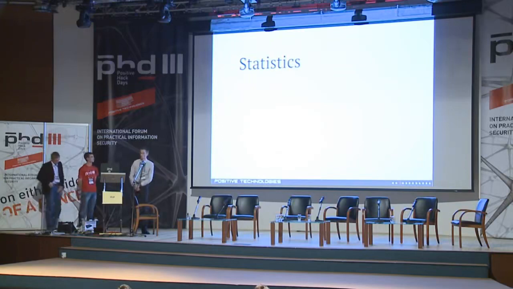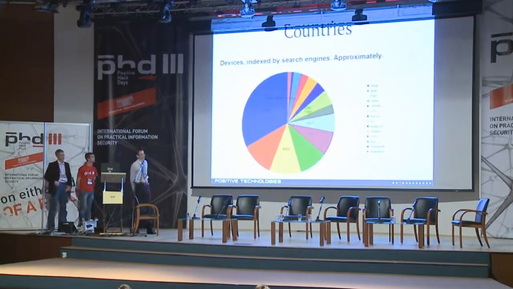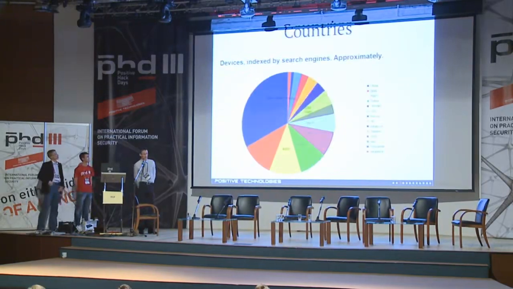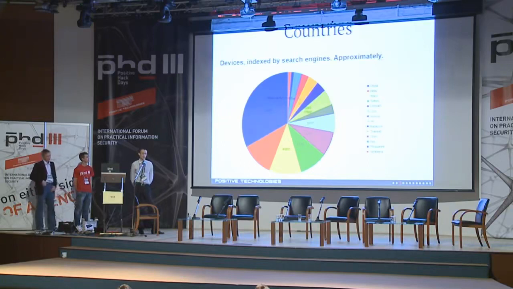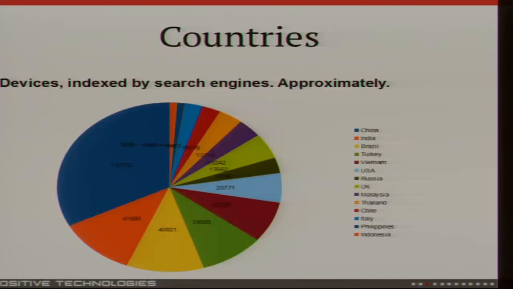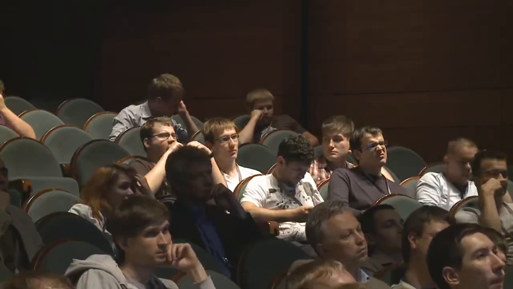And some statistics about how sad this could be. This is approximate statistics on how many devices have been indexed by search engines. So you don't even have to search for them. You enter your search engine, put in a special signature text, and you receive a list of devices that can be attacked.